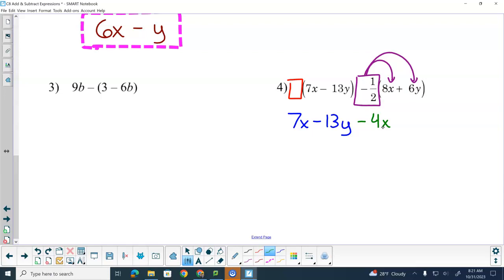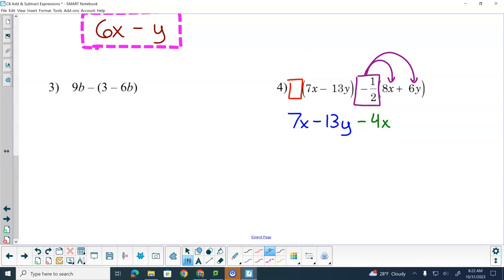You can multiply negative 1/2 times 8 over 1, or we can do 8 divided by negative 2, because it's over 1, or it's under 1, I should say. Whichever one you choose, you should get negative 4x. Okay? Negative 1/2 times 6x.